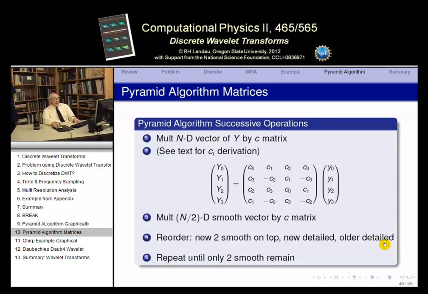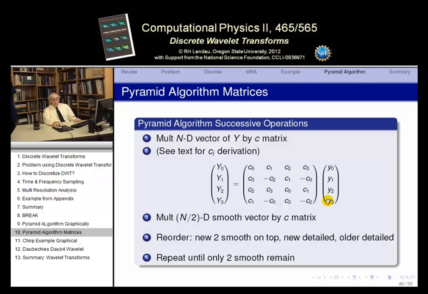Okay? How we do this, of course, on the computer is by matrix multiplication. So we have an n-dimensional matrix, n being the number of data points, and we multiply our signal, small y, by that right here to get the output, which is the transform. So here is our signal. In the text, we go through one derivation for popular filter coefficients. That's what these C's are. And also for why these 4 coefficients are arranged in a matrix like this.